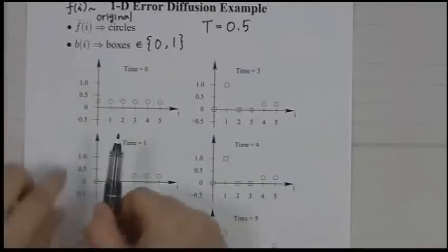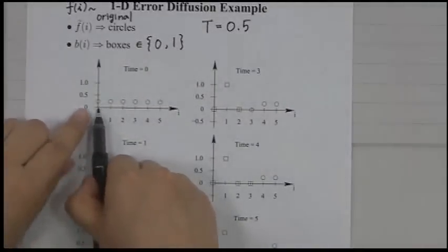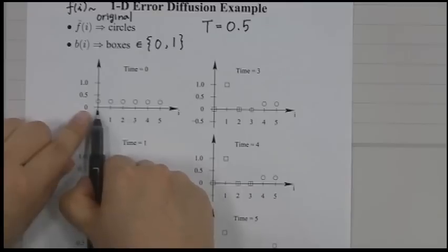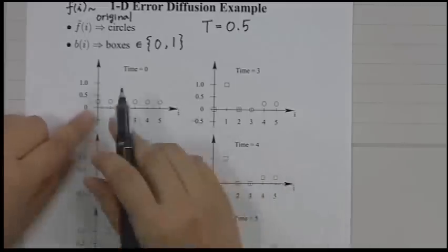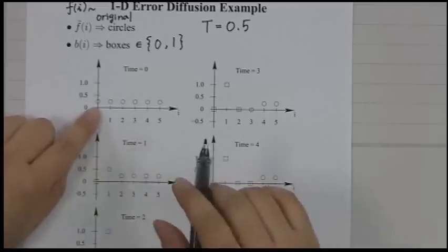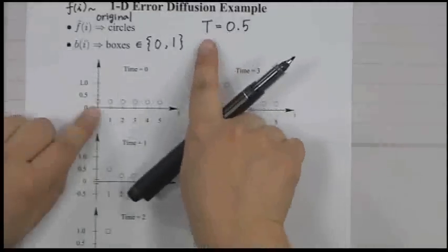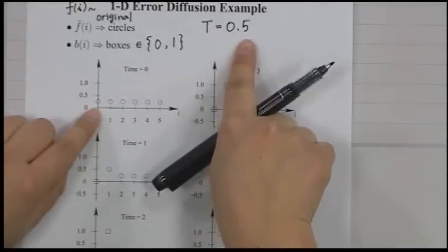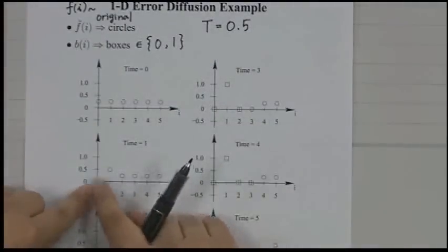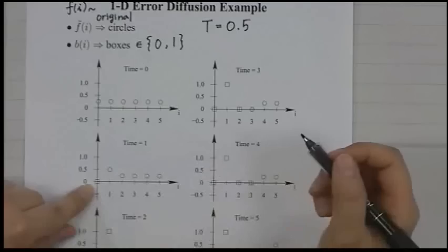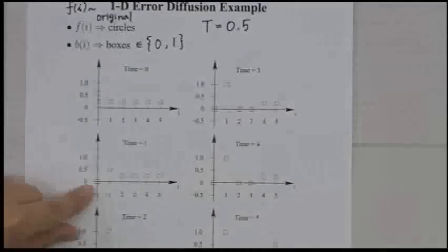And then we start processing this data like this. The first value is 0.25. We apply thresholding, and because 0.25 is less than 0.5, the output snaps to 0. Now it creates error.